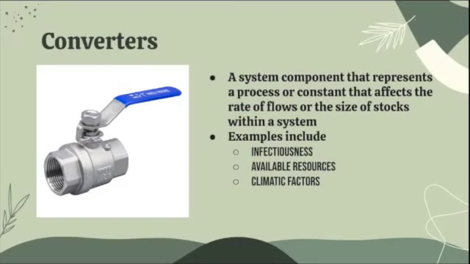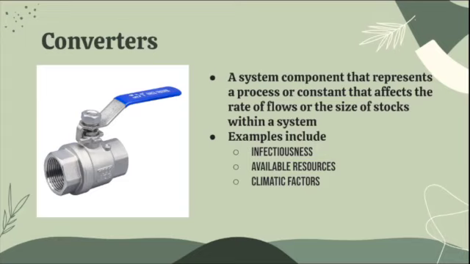The third component is a little bit trickier to explain. It is neither a stock nor a flow. It's called a converter. This is a system component that represents a process or a constant that's going to affect either flows or stocks within a system.